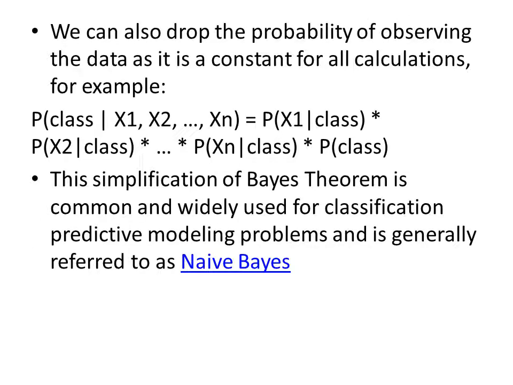We can also drop the probability of observing the data as it is a constant for all calculations. So we can drop it. For example, probability of class given x1, x2 till xn equal to probability of x1 given class multiplied with probability of x2 given class and till probability of xn given class multiplied with probability of class.